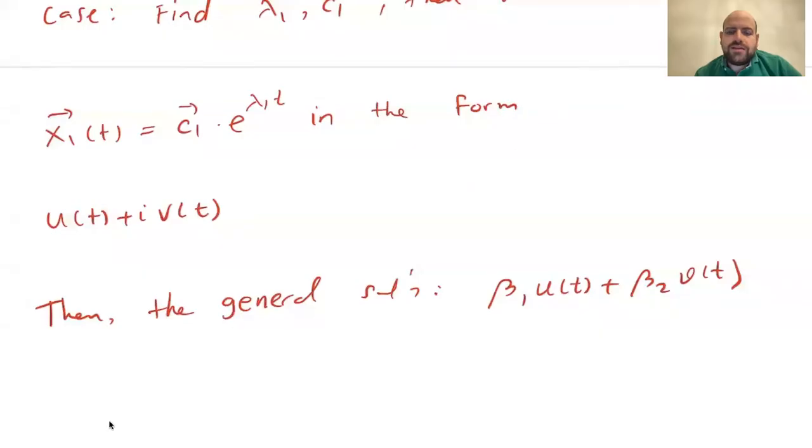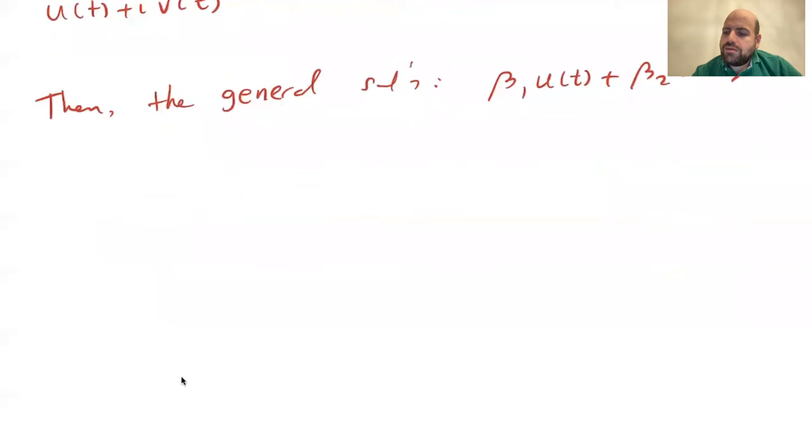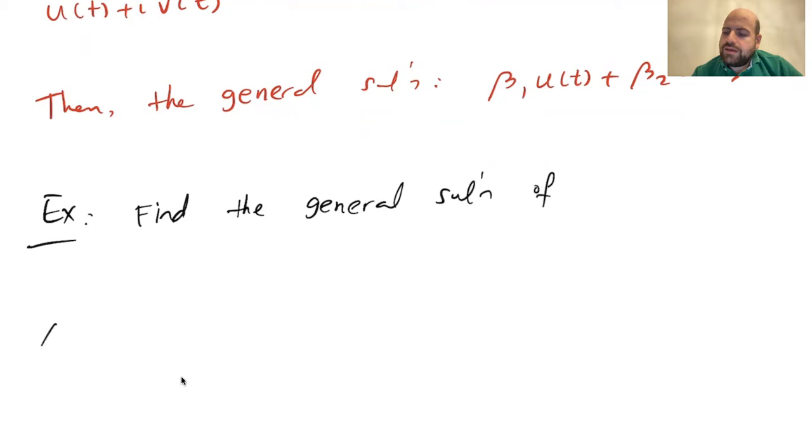All right, let's look at an example of this case. Example, find the general solution of x prime equals the matrix 3, 9, minus 4, minus 3 times x.